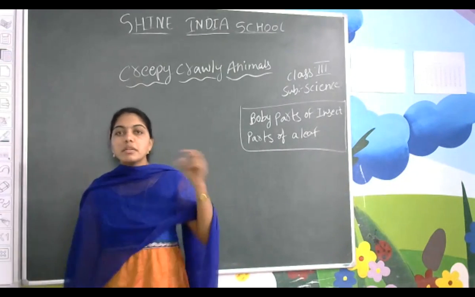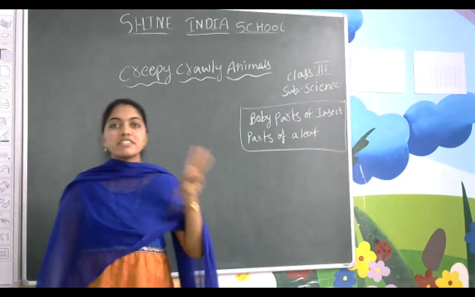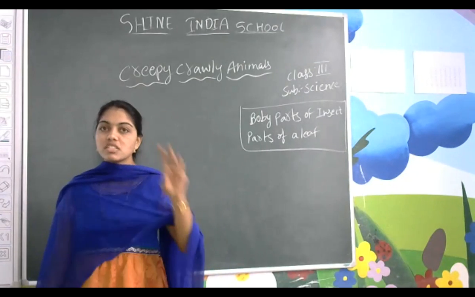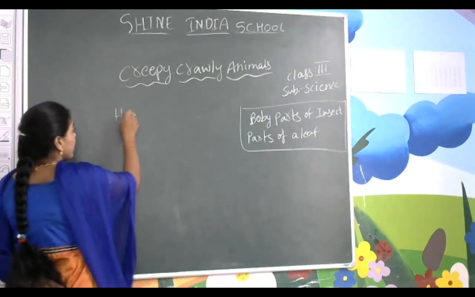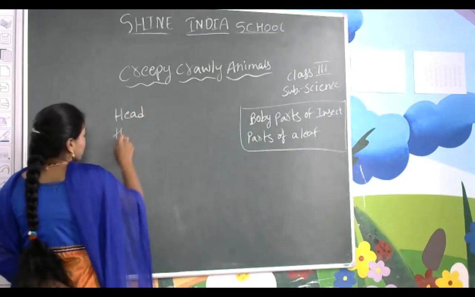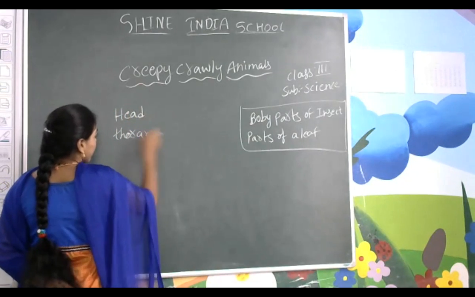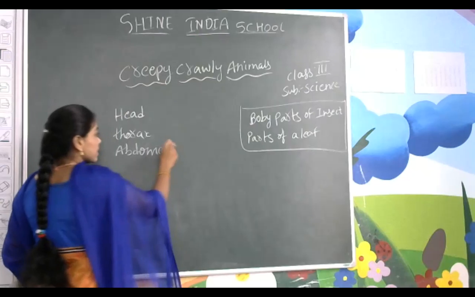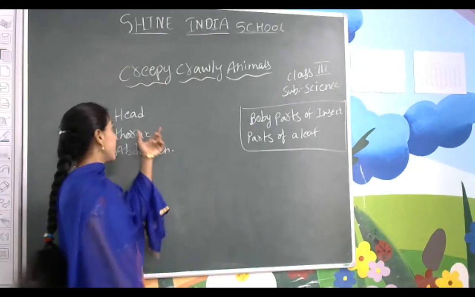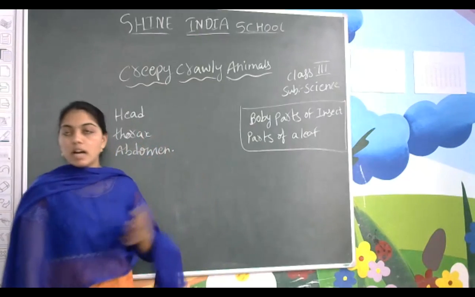The most important thing is that the body of the insect is divided into 3 parts: head, thorax, and abdomen. Mainly the insects have 3 body parts: head, thorax, and abdomen.